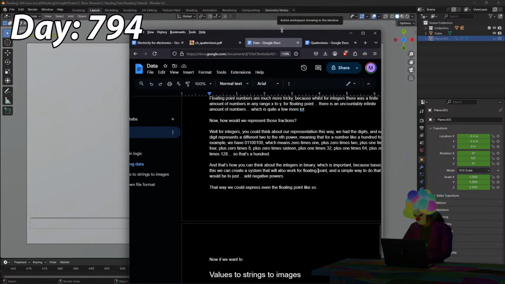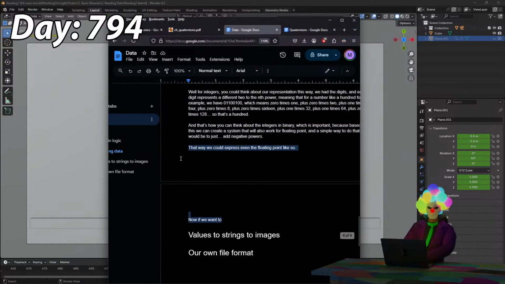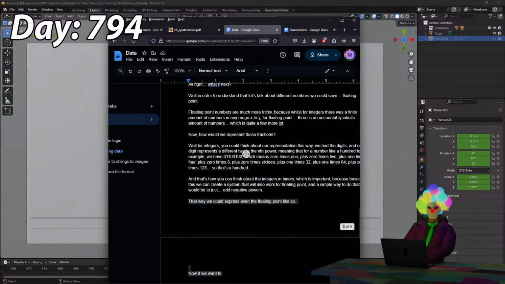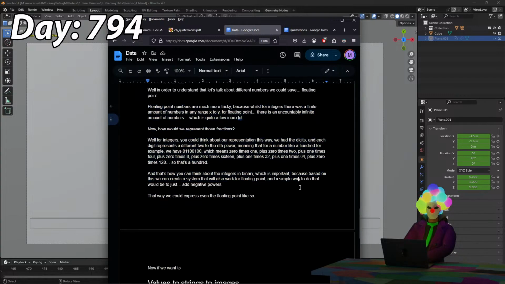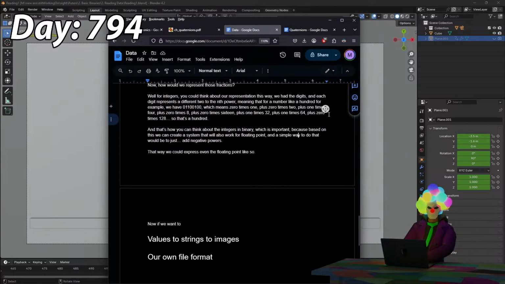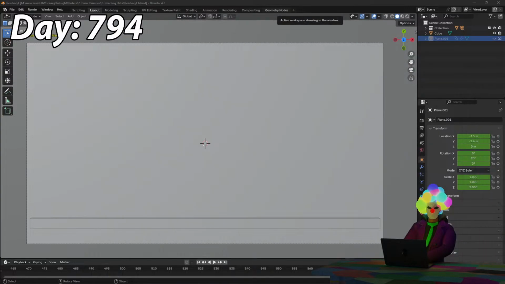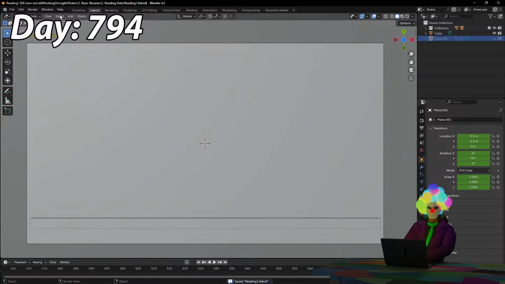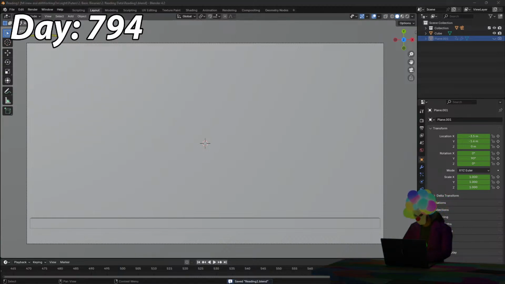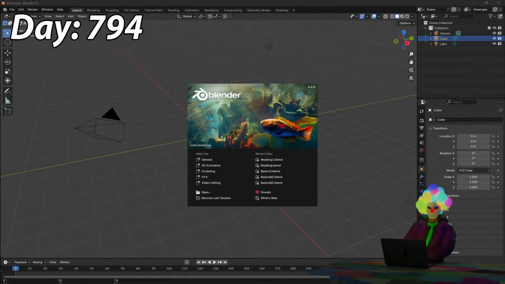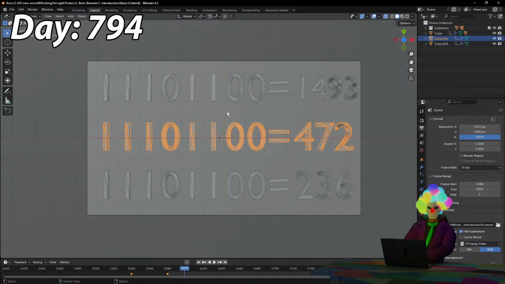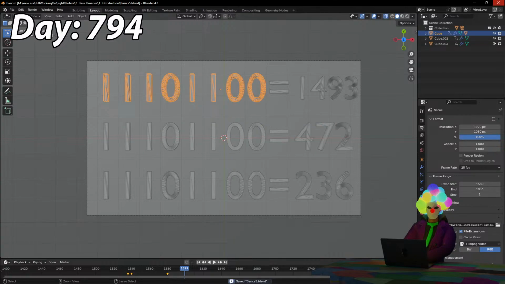Okay. A really cool visualization will happen right here. But unfortunately, to get there, we still have a couple of things. So, for integers, you could think about our representation this way. We have the digits. Each digit represents a different 2 to the nth power. So what we want here is the number that we had, which we can copy from here.